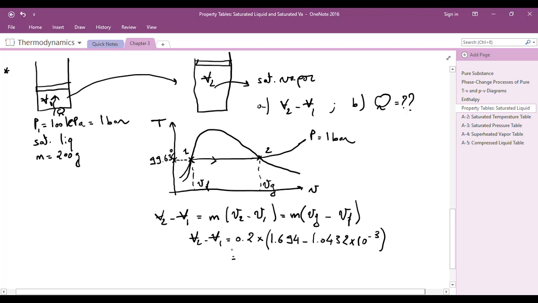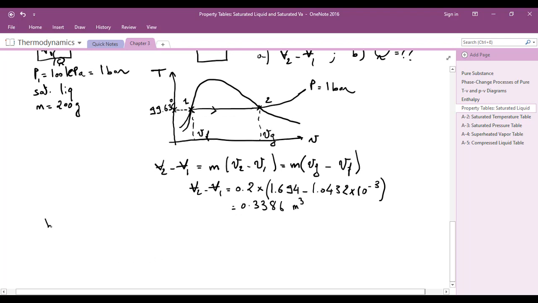So the change in volume in this case is equal to 0.3386 meter cube.